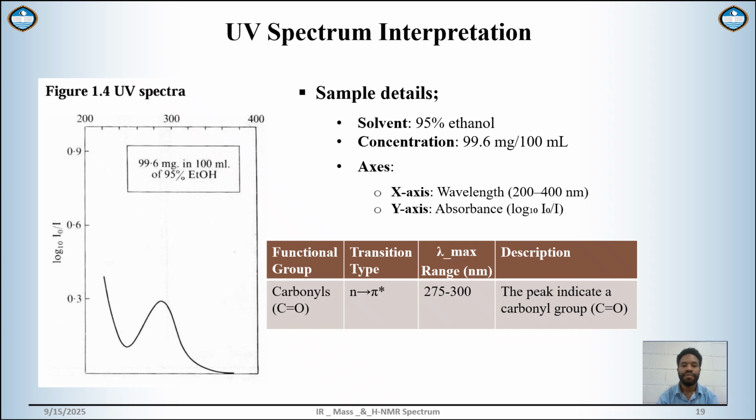This is shown by the wavelength range from 275 to 300 nanometers, and its transition is the transition of an electron from a non-bonding orbital to an anti-bonding pi orbital. This peak indicates a carbonyl group.